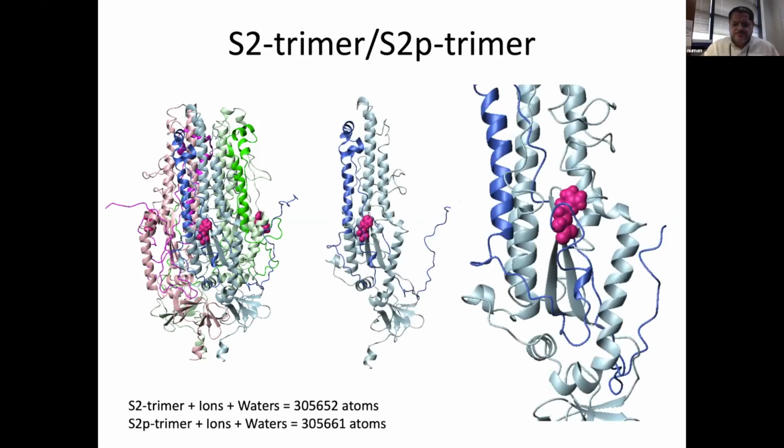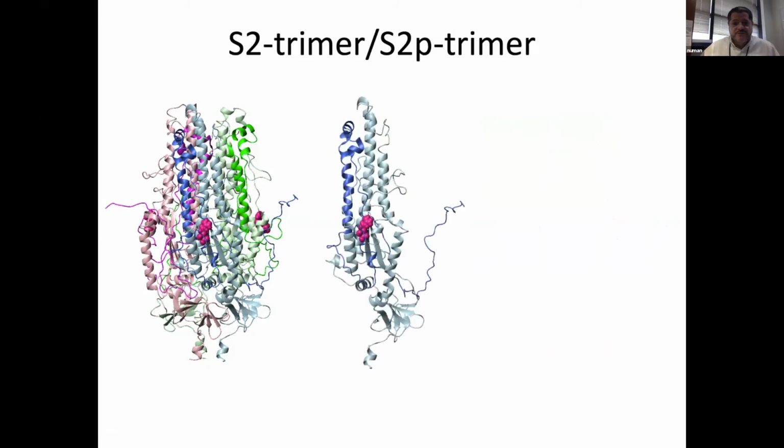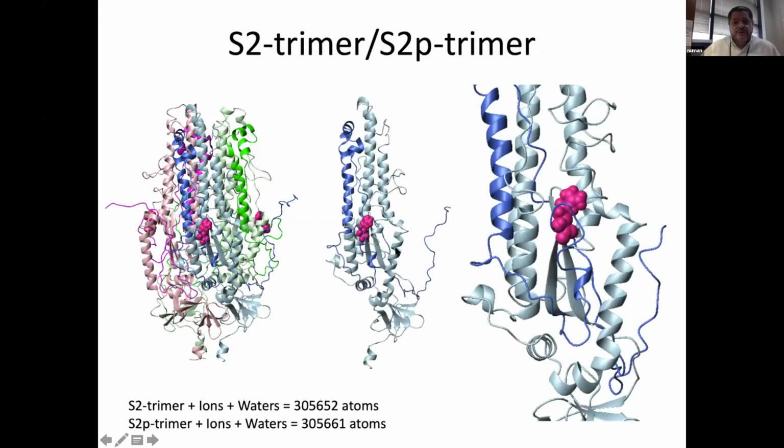If you look at this core structure here, when it fuses, this helix will stay put, while this part of the helices needs to flip over this way so that it extends to a very large helix that can then reach the host cell membrane.